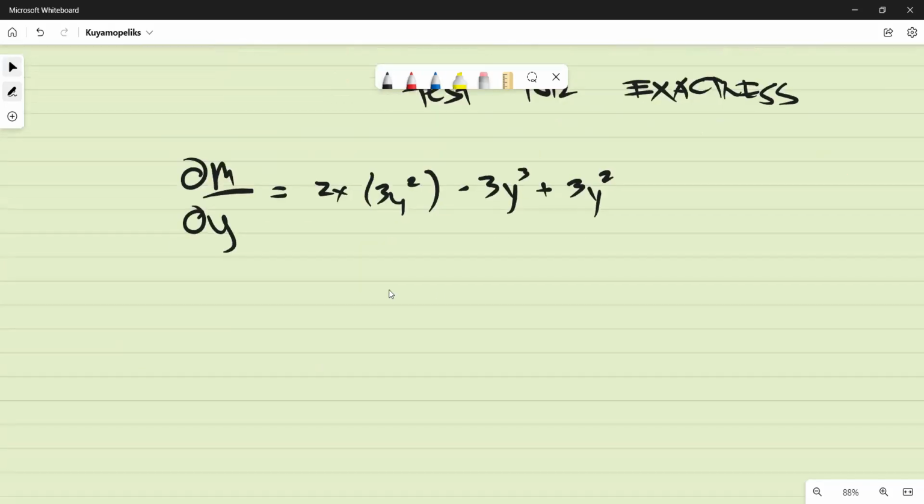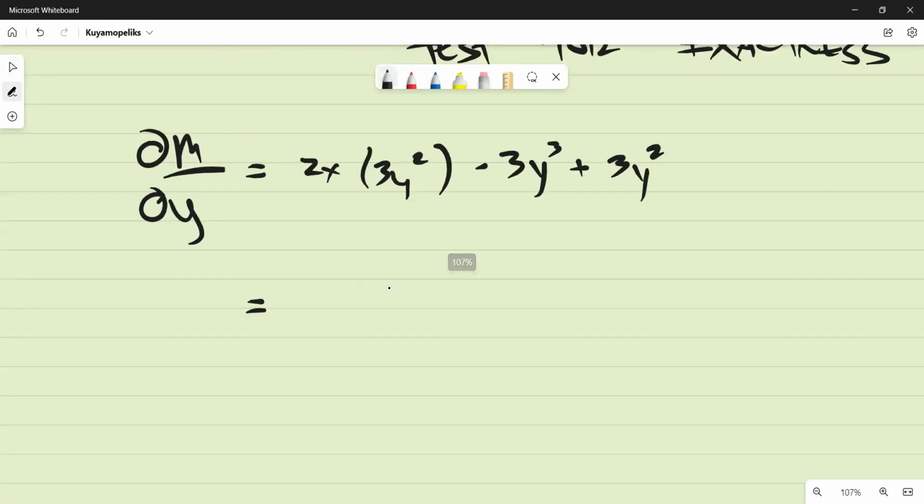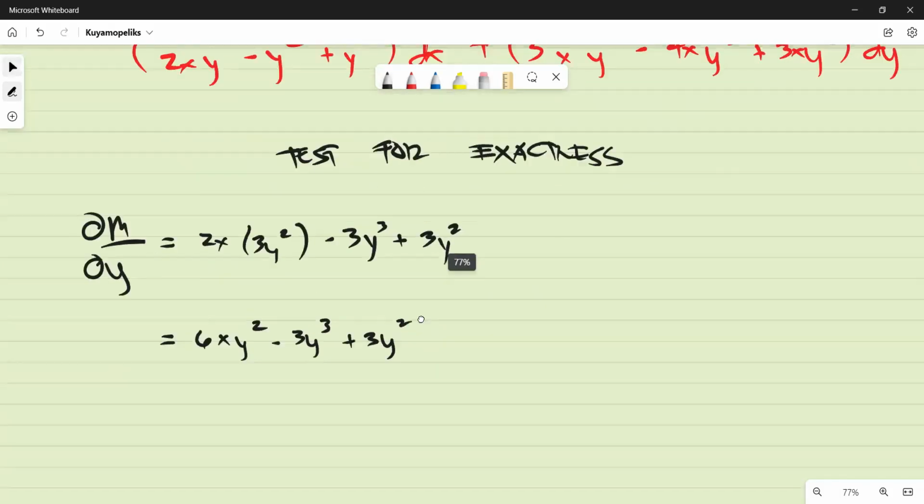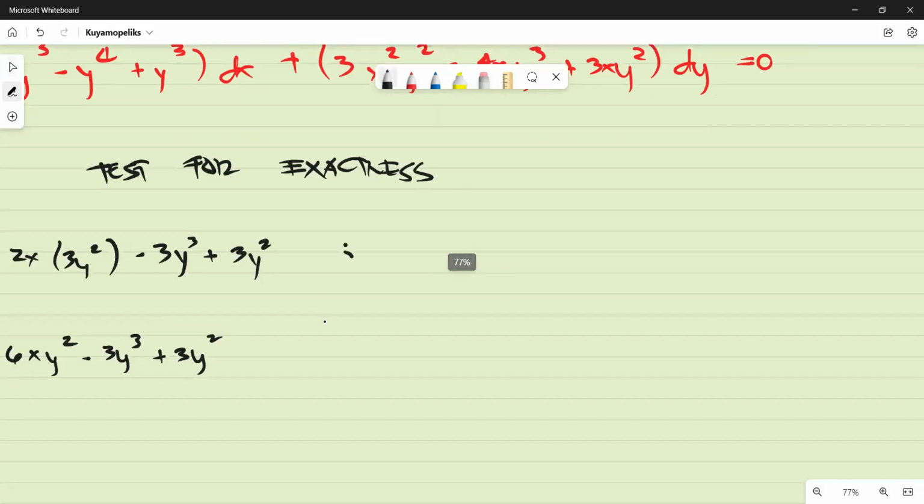Okay, so let's further simplify this para maging 6xy squared minus 3y cubed plus 3y squared. Okay, so for the meantime, pwede na muna yan. Then, check natin yung partial of n with respect to partial of x.